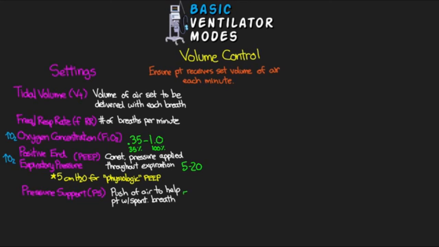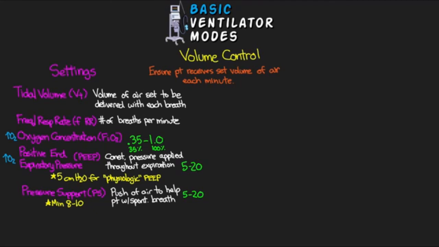Our settings usually for pressure support, you're going to find in the range of 5 to 20. Typically, though, we're going to keep it at a minimum of anywhere from 8 to 10. And this is really to help overcome the resistance of having to breathe through that ET tube. Actually, out there, if you take the time to look for it, there is a chart that does a breakdown based on the ET tube size and how much pressure support it requires to overcome that resistance.